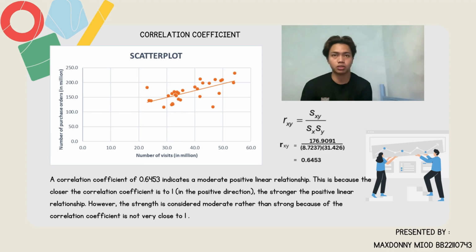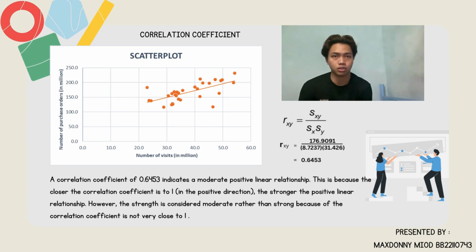For the correlation coefficient, we use the formula Rxy equals the covariance divided by the standard deviation for x multiplied by the standard deviation for y.